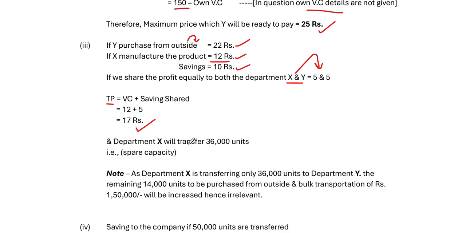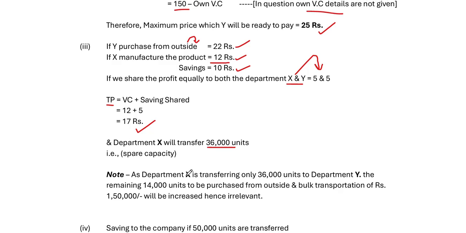And department X will transfer 36,000 units, that will be the spare capacity. Here we can see that as department X is transferring only 36,000 units to department Y, the remaining 14,000 units have to be purchased from outside, and the bulk transportation of 1,50,000 will still be incurred. Hence, this portion is irrelevant.